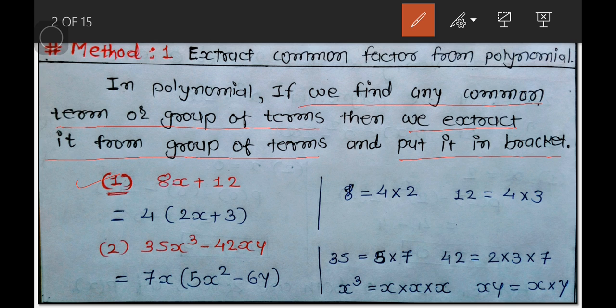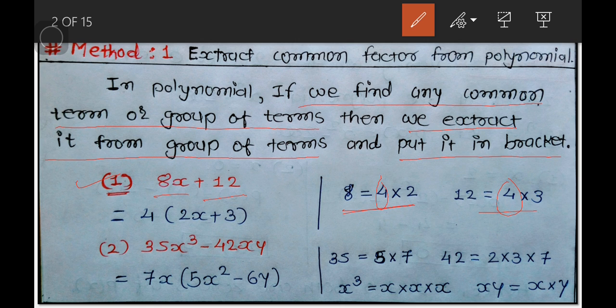We factor 8x as 4 into 2 into x, and about the second term 12, we have factored it as 4 into 3. So now you can see that in both terms 4 is a common factor.